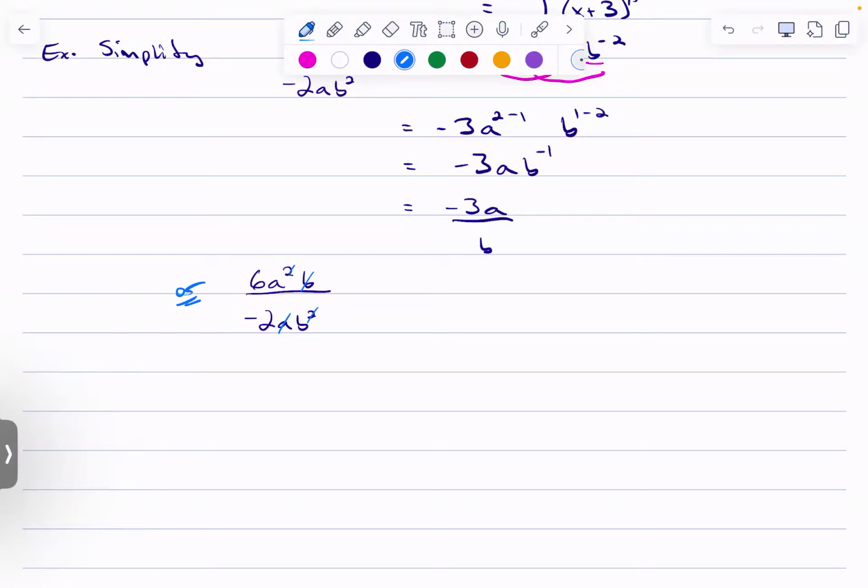Then you cancel these, and 6 becomes -3. So you get -3a over b left over.